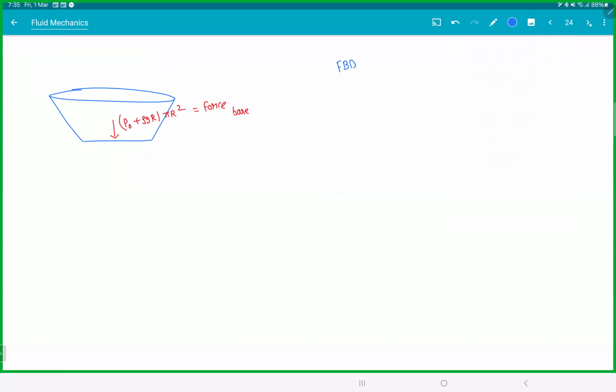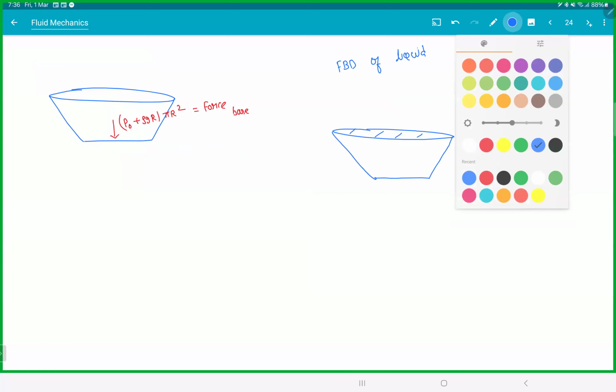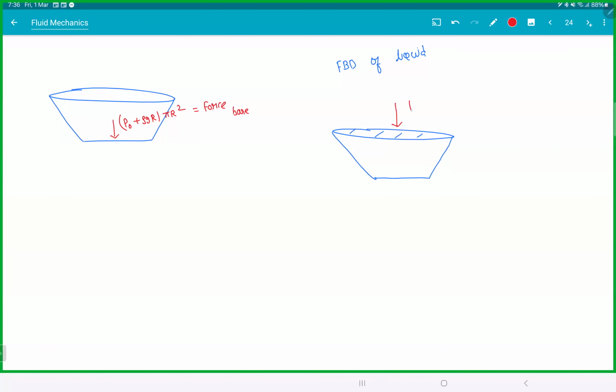Now, draw the FBD of the liquid. On the top, the atmosphere will push it down with P naught into pi 2r whole square, then your own weight mg. The base is pushing up with P naught plus rho g r into pi r square.